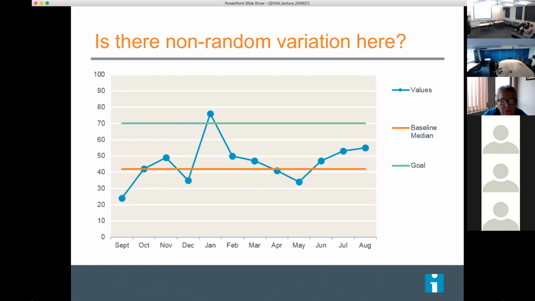Okay, so on the slide here, we'll just have a wee look at this. Out of the 4 rules that we've just looked at, so that was the shift, the trend, the number of runs, and the astronomical data point, what can we see on here?